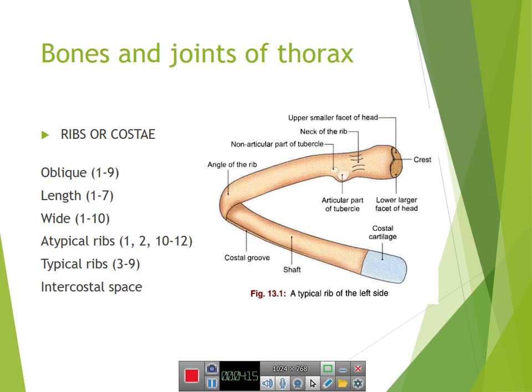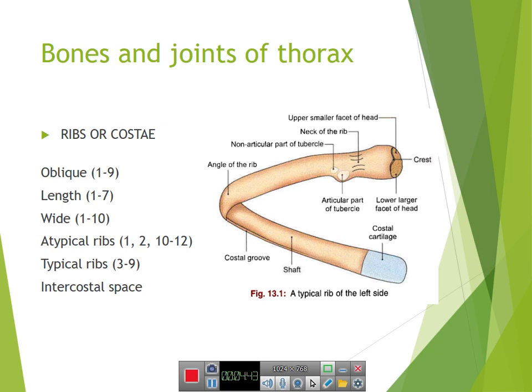Another point about the ribs of the costal cage: the first 7 ribs, which are connected through their costal cartilage to the sternum, are called true ribs or vertebrosternal ribs. The remaining 5 are false ribs.